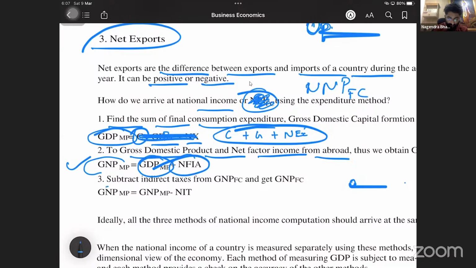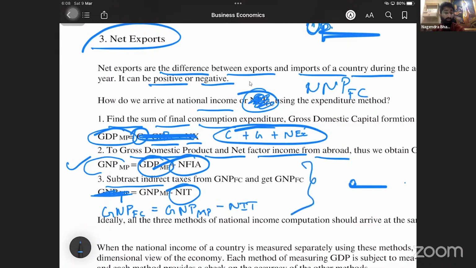What if I subtract indirect taxes and add subsidy? Net indirect taxes. If I deduct net indirect taxes, I will get factor cost. GNP at factor cost is equal to GNP at market price minus NIT. See, these two formulas we already know. What is the extra formula in the expenditure method?